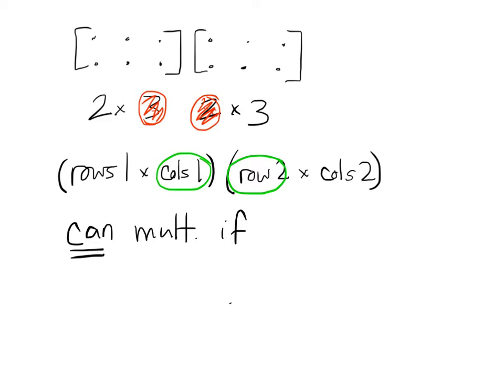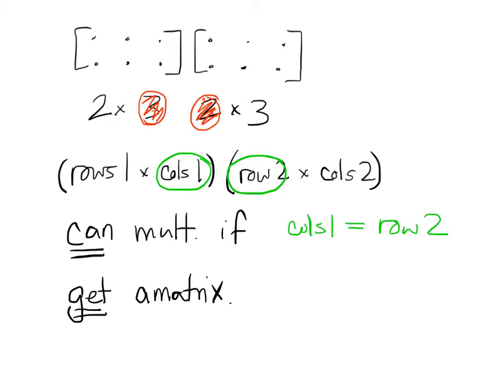So columns 1 equals rows 2. And what I get is a matrix of size rows 1 by columns 2.